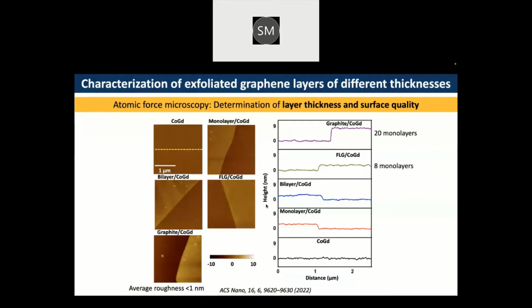Due to van der Waals interaction on the monolayer and bilayer surface, the measured thickness appeared to be relatively larger than the theoretical estimation of monolayer graphene, for example, 0.33 nanometer. The few layer and graphite flakes contain approximately 8 and 20 monolayers in our case.